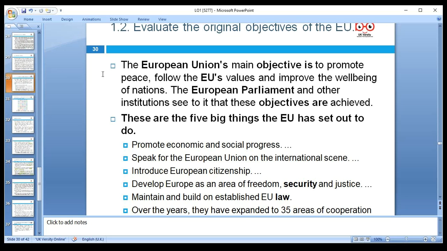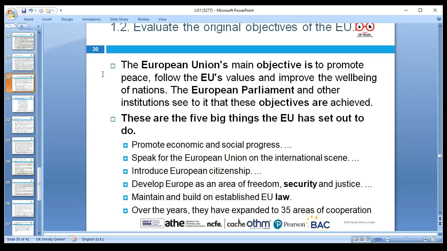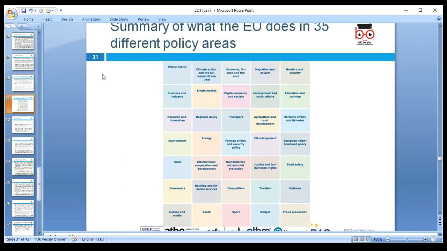These are the five big objectives: promote economic and social progress, speak for the European Union on the international scene, European Union citizenship, develop Europe as an area of freedom, security, and justice, and establish and maintain EU laws. Over 30, they expanded to 35 areas of cooperation.